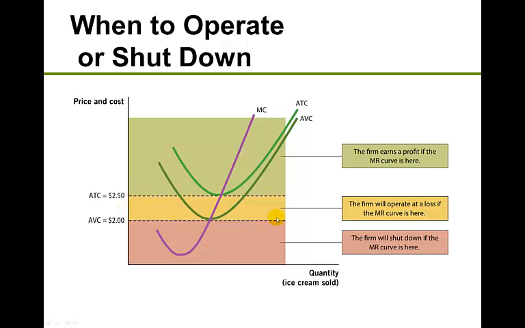This middle rectangle in here shows possible market prices where I would still stay open and incur a loss because I would be losing less money than if I shut down. I'm losing money because I have my fixed costs that I have to pay no matter what, but I make some of those fixed costs up by opening. So I still want to open, but I'm going to lose money.